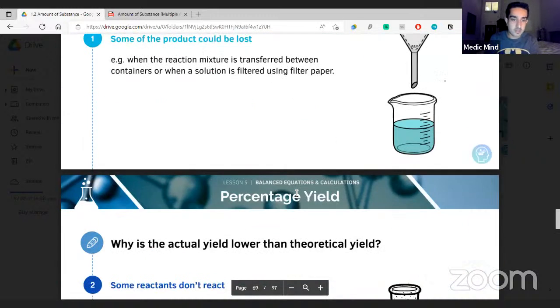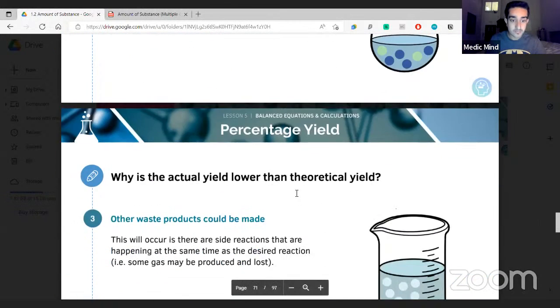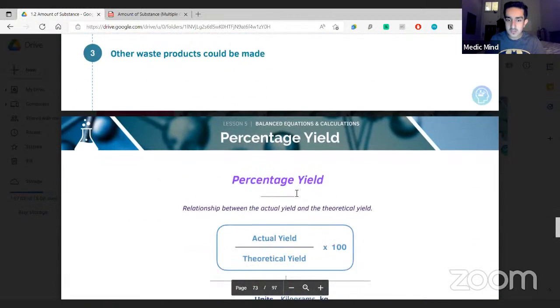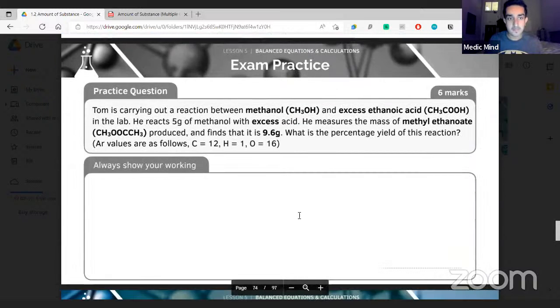Some of the product could be lost. Some of the reactants might just not react. Other products could be made. The actual yield divided by the theoretical yield times 100 is the percentage yield calculation.